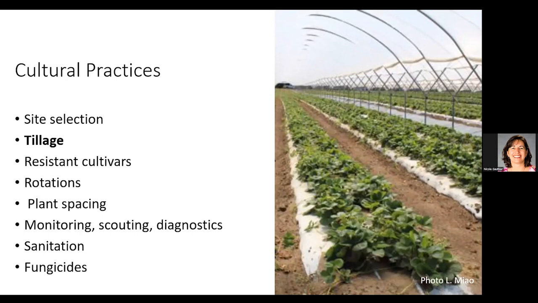And a lot of times when we bury spores or different survival structures, they'll decompose when they're deeper in the soil. So sometimes 2 inches or 6 inches can make a lot of difference if we bury those propagules. So in the case of an outbreak or a history of a really persistent or tough disease in a site, tillage may be the answer. So think about that, or strawberries, so building up those raised beds.